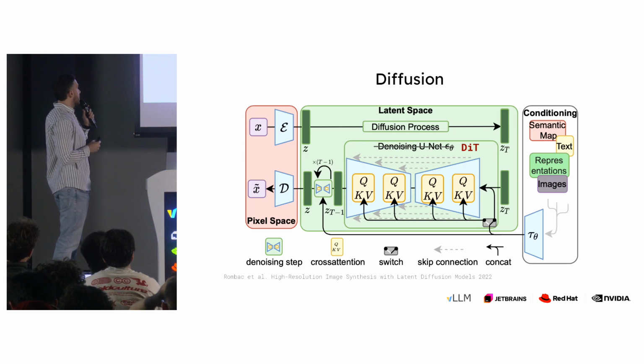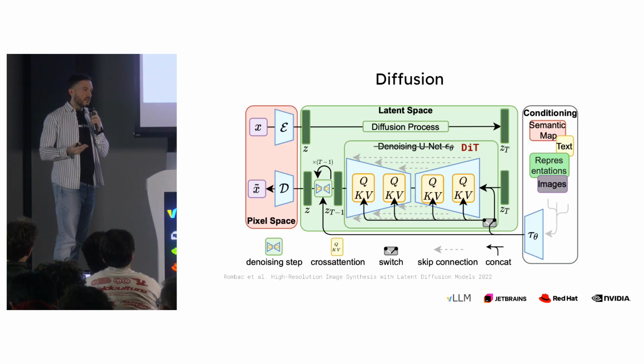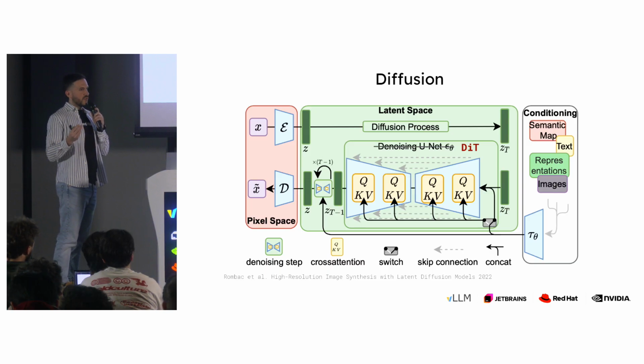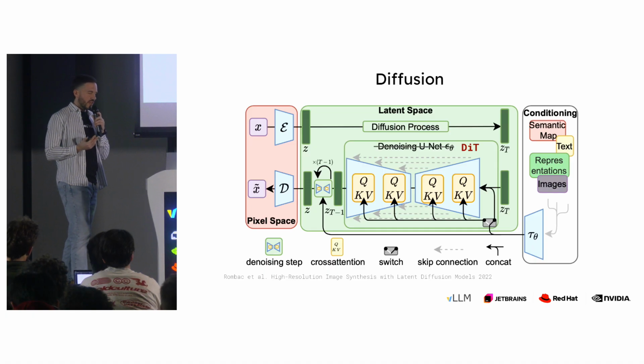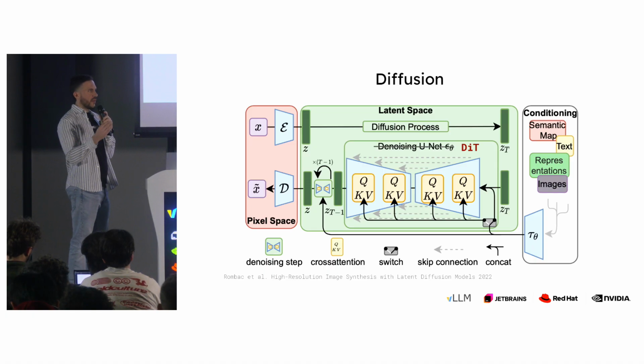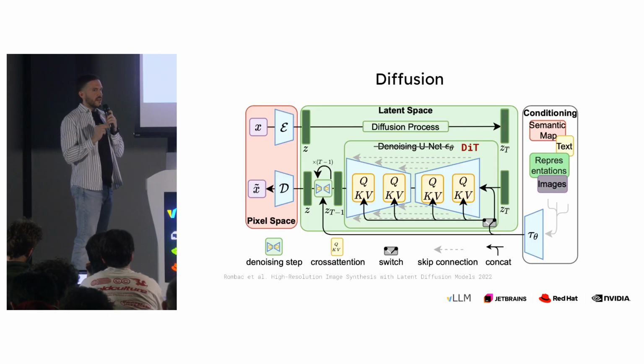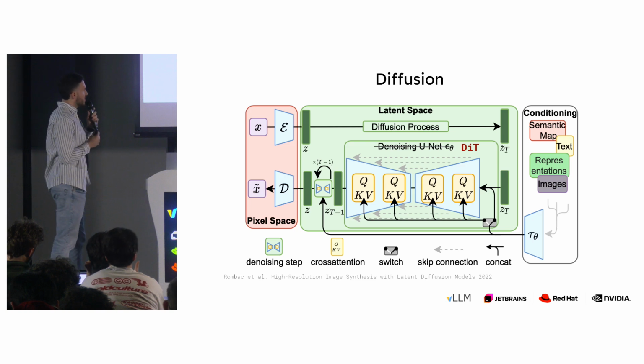If we go from the top left onward, we still have an input image that goes through a VAE encoder that produces a latent representation of your input image. The input image is usually either conditioning for your model, if you're doing things like style transfer, or if you're just generating from a prompt, it is just pure noise.